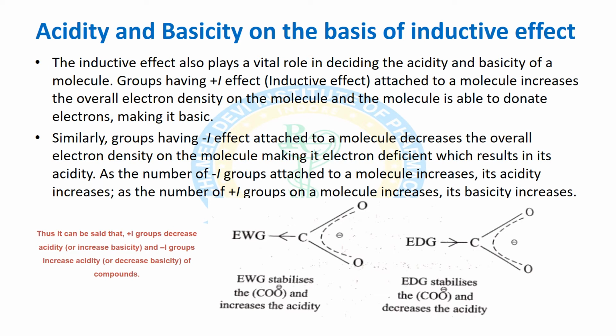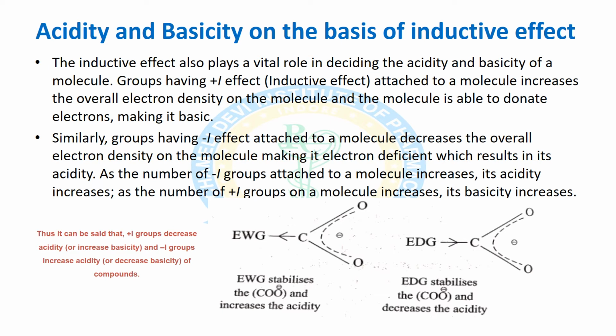Now, just the reverse: if electron donating groups are attached to the carboxyl carbon, the carboxyl carbon would receive some effect of the electron cloud from the electron donating group attached nearby, and this results in a decrease in the acidity of that carboxylic group, while when there is an electron withdrawing group there is an increase in the acidity.